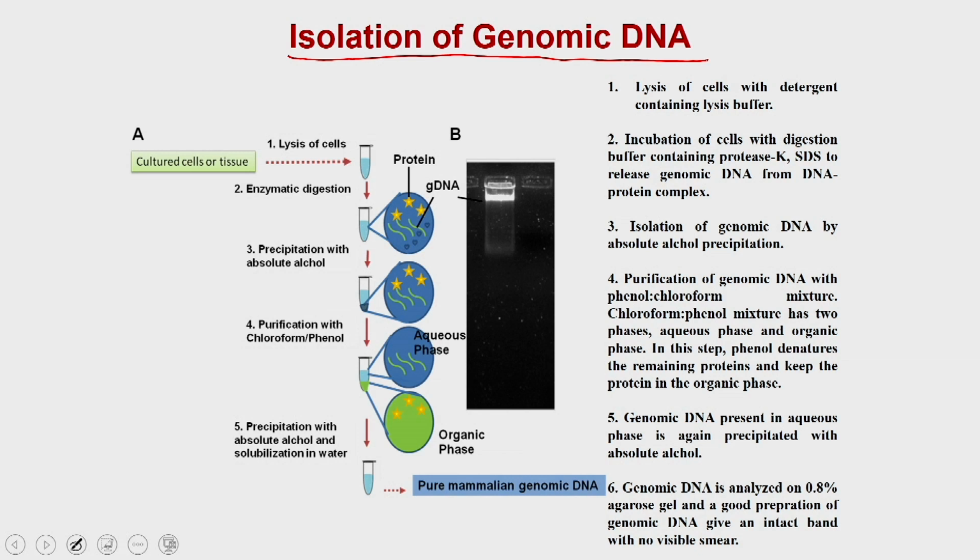If you remember, in our previous lectures we also discussed the isolation of different organelles. If you are working with a mammalian cell, for example generating a genomic library for humans, it is a good idea to first isolate the nucleus instead of just lysing the cells.